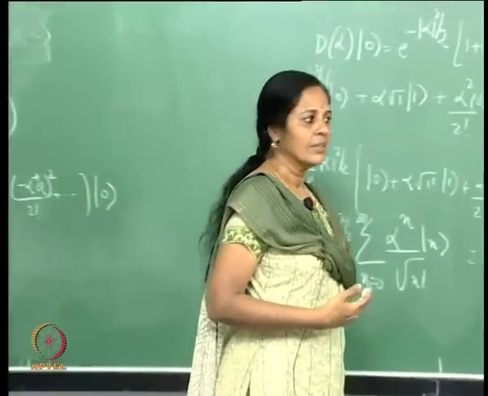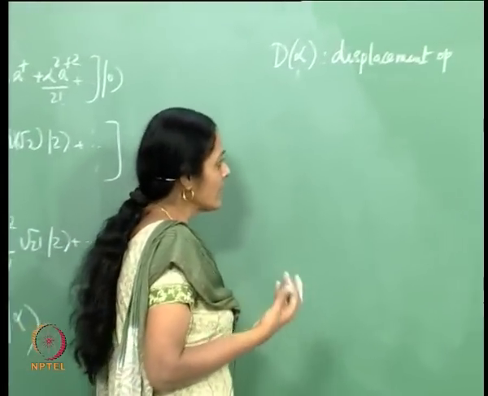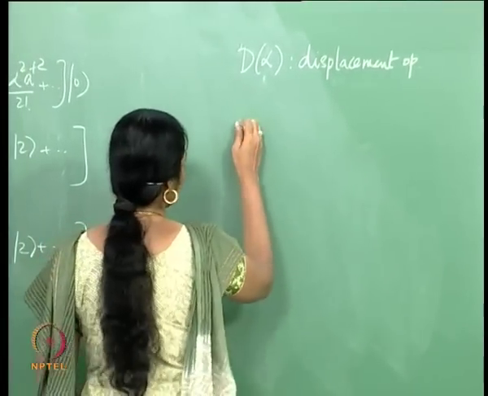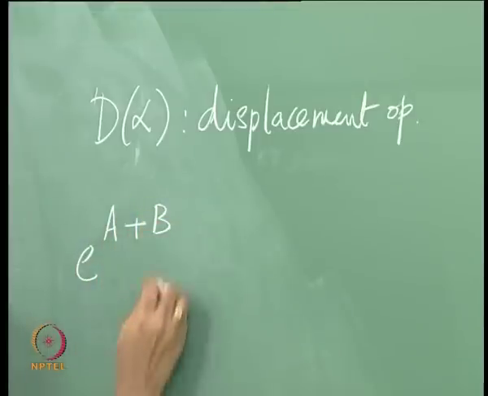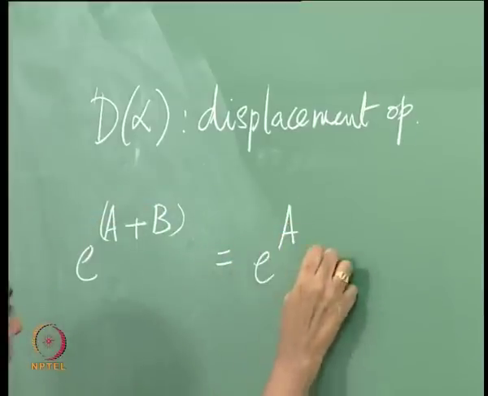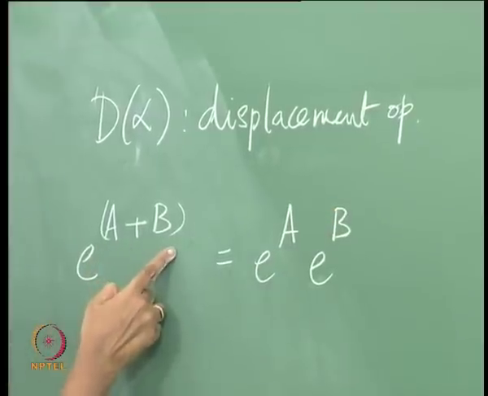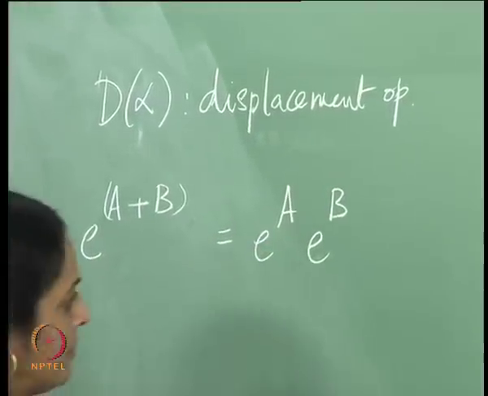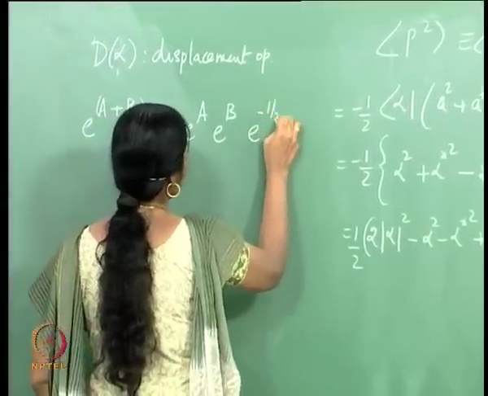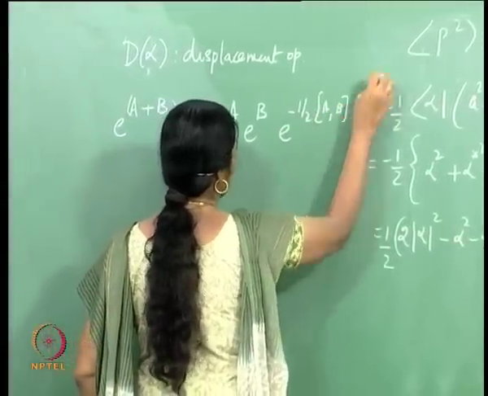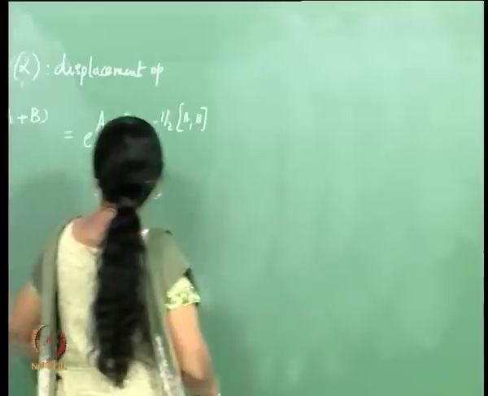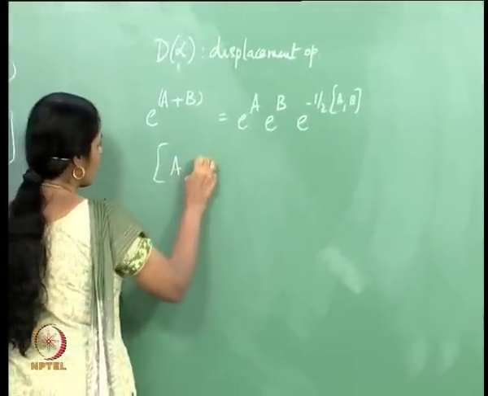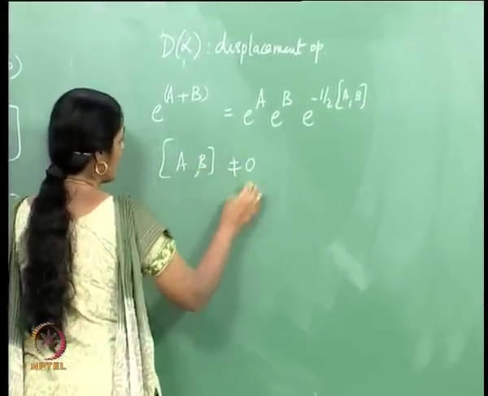In general, there is a disentanglement relation which says that if you have two operators A and B and you have e to the A plus B, you could write this as e to the A, e to the B. The order is important, first e to the A, then e to the B, e to the minus half the commutator of A with B, provided the commutator of A with B is not equal to 0.